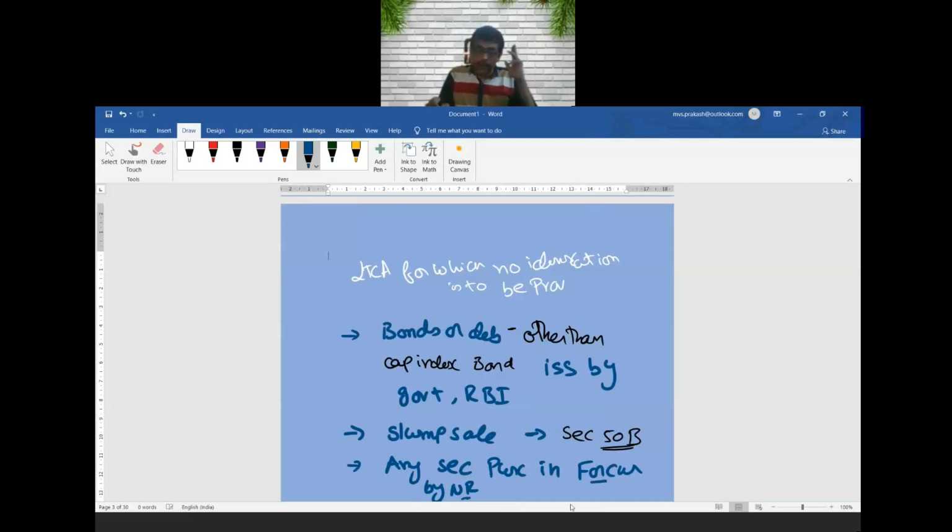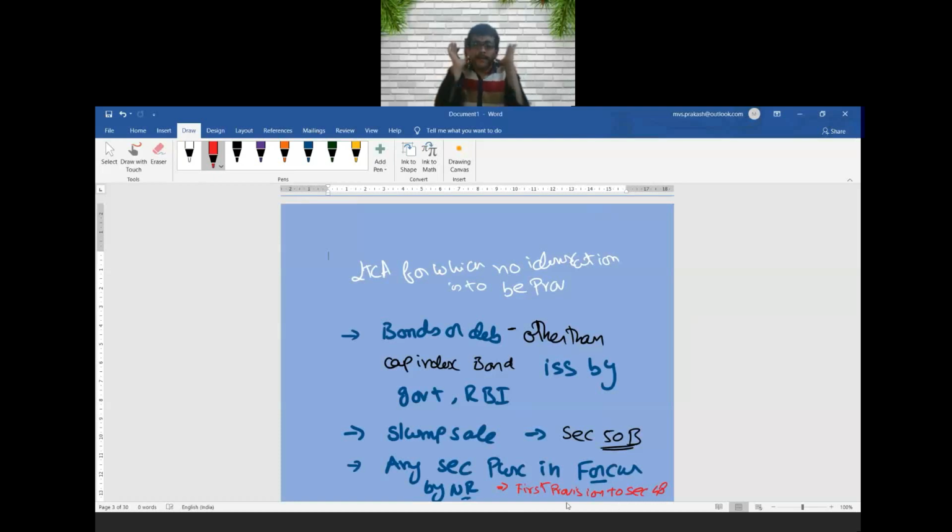Of course, I will discuss this point clearly maybe tomorrow when we are discussing the first proviso to section 48. Today we have discussed section 48 and we are discussing section 55. Tomorrow we'll discuss the first proviso to section 48. There I will explain this in much more detail.